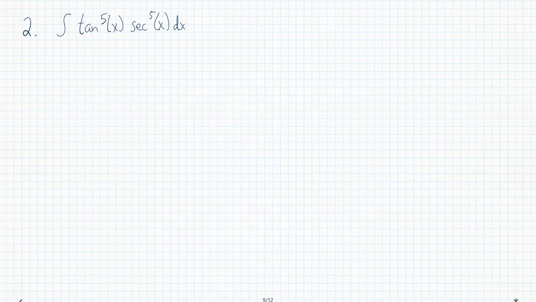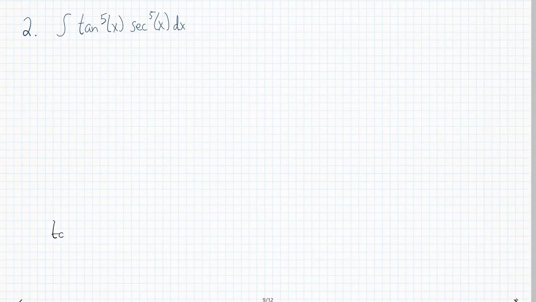So now another trig integral, tangent to the 5th, secant to the 5th dx. So tangent to the 5th of x, and then secant to the 5th of x dx. How do we integrate this thing? Well, we're going to need some trig identities, and you actually have some options here, and I'll illustrate what some of our options are.